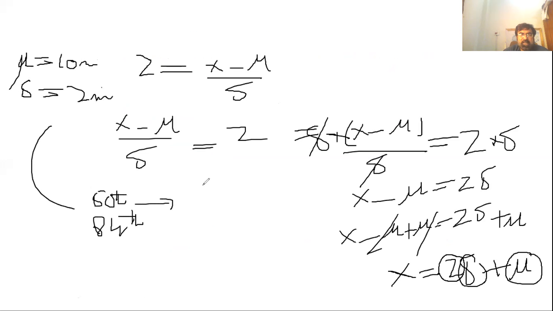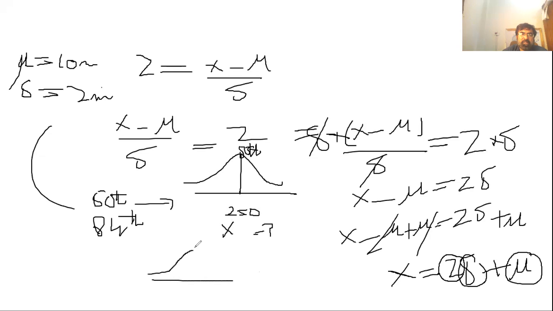For the 50th percentile, as we have already discussed, the z-score is equal to 0. So what will be the reaction time, meaning what will be the x? And for the 84th percentile, what will be the z-score and then the x?